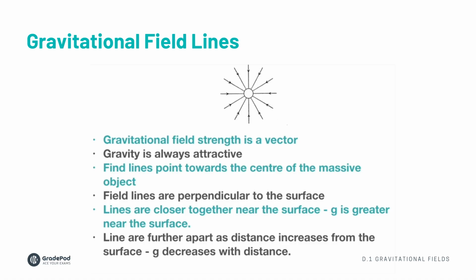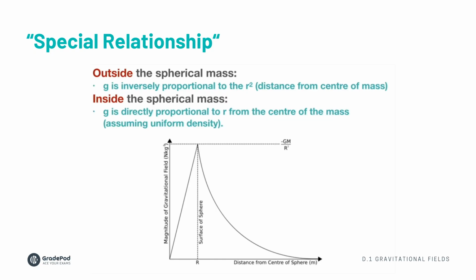There is a special relationship with gravitational field strength. If you're looking at a planet, for example, and we'll say the planet is a spherical mass. Outside the spherical mass, so above the surface of the planet, and this is the surface of the planet here, and you can see this is the distance from the centre of the planet or the centre of the sphere. And what we have here is the magnitude or the size of gravitational field strength.